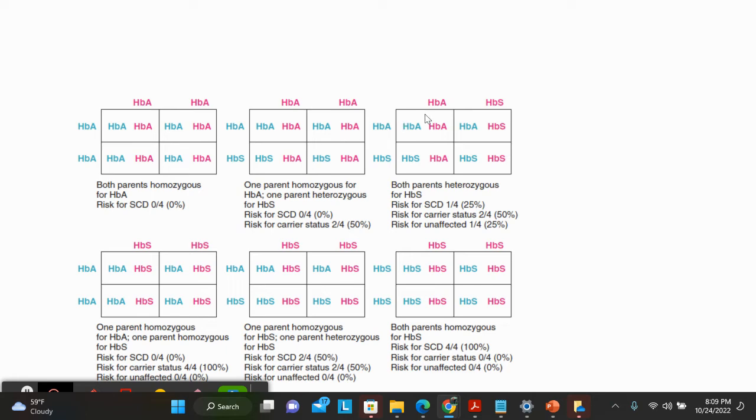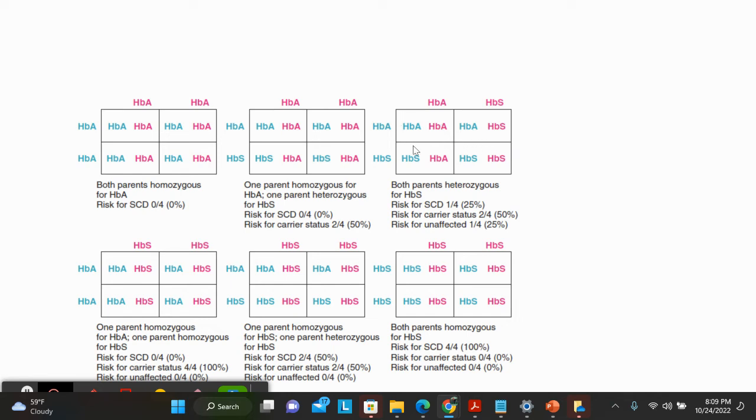You guys should be really used to Punnett squares. This might look a little different from the ones we did together, but this came out of your book. If both parents are carriers, the risk for having a child with sickle cell disease is 25%, because there is 25% chance that they will inherit 2 sickle alleles.